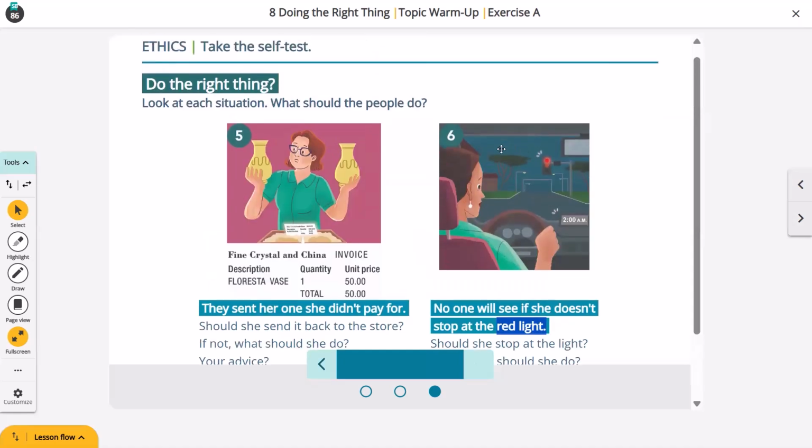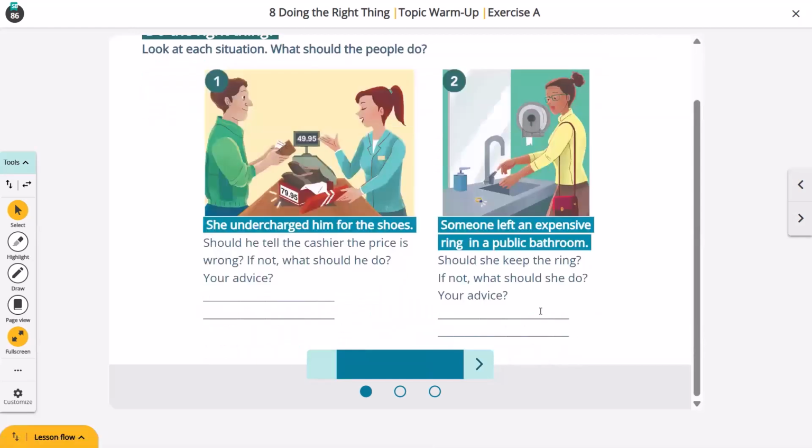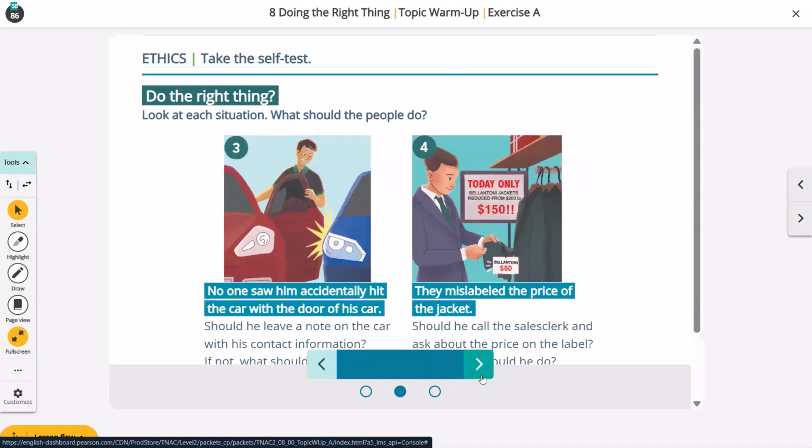Also, we not only learn vocabulary, but also we learn some aspects about life. So this is unit 8, doing the right things, as you could see, ethics. In this case, there are different situations which can be solved easily, but in some situations maybe we cannot do what to do because we don't have the possibilities of doing something right.